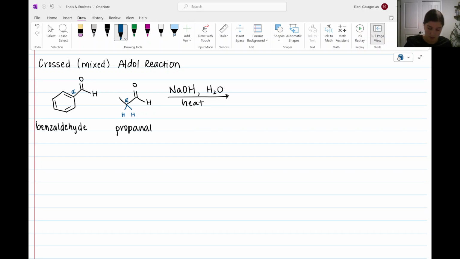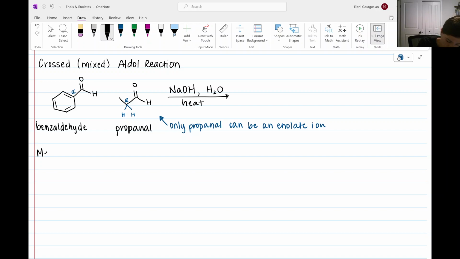So if we're doing an aldol reaction, only propanol in this example, so not benzaldehyde, can become an enolate ion. So once propanol becomes an enolate ion, that enolate negatively charged carbon could add to the carbonyl carbon in benzaldehyde. So let's draw what that looks like in a mechanism.